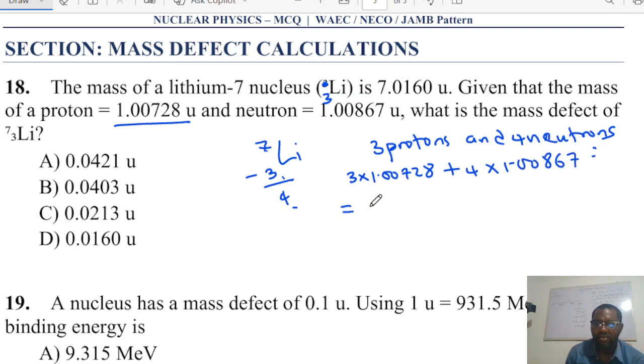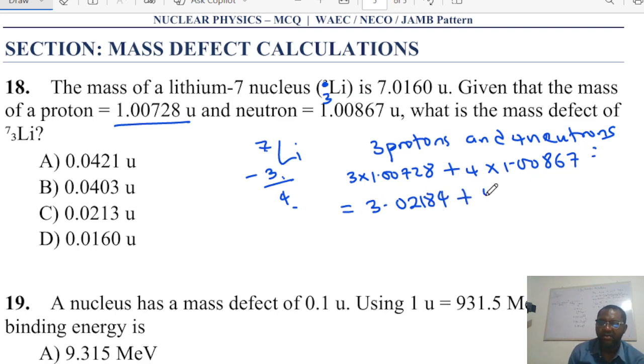Okay, so this one is going to give us 3.02184.